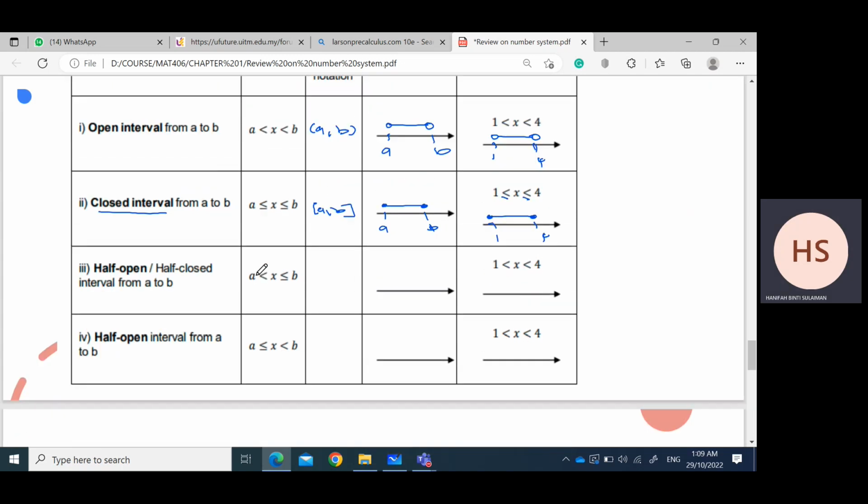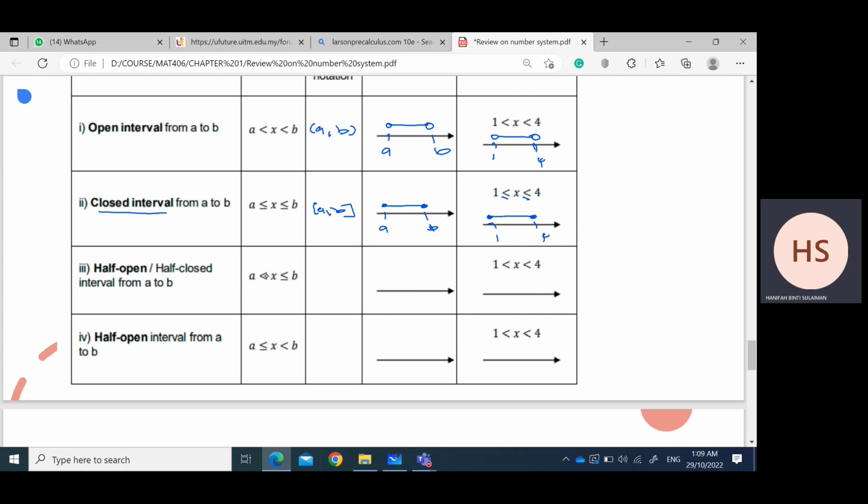So next we have half open and half closed interval from A to B. So based on this inequality, we understood that A is not included in X value, and the large number ataupun the maximum number of X here is B. Itu yang paling maksimum lah. Alright.